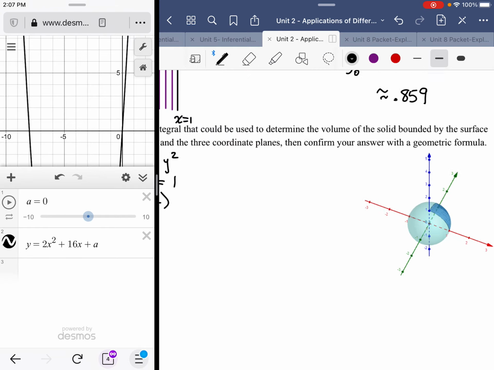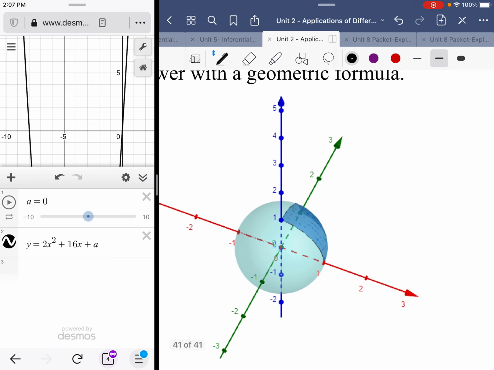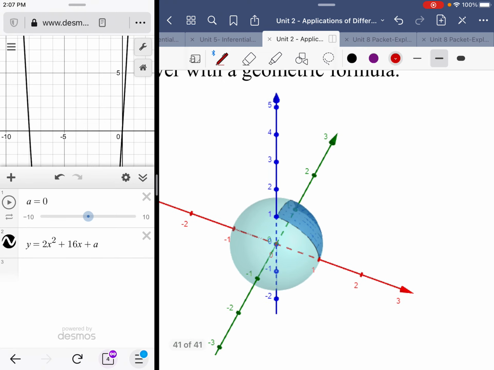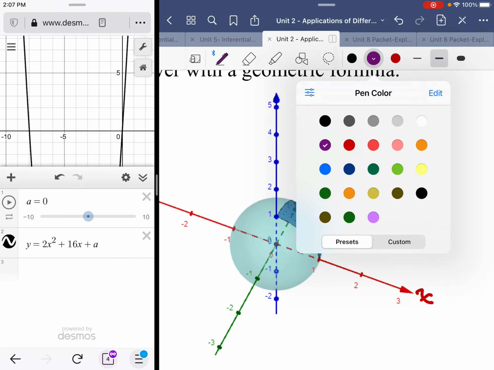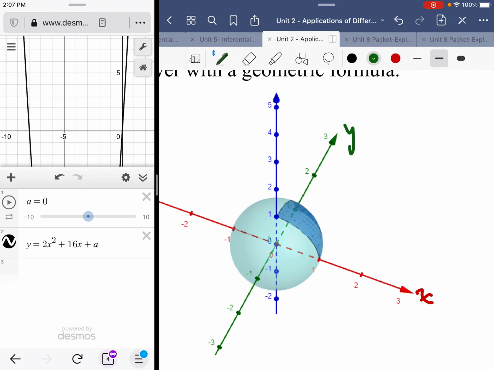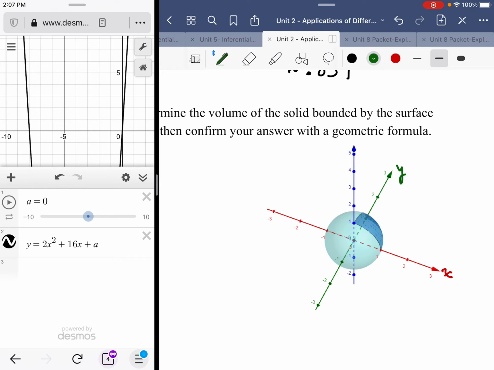Assuming that, and this is all based off of the way GeoGebra does things, typically this is the x-axis, with this being the y-axis, and then the z-axis is going up from there.